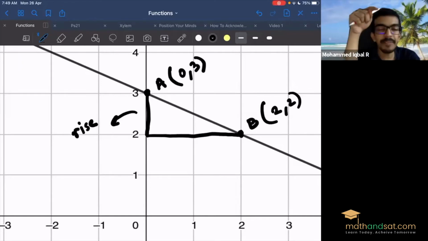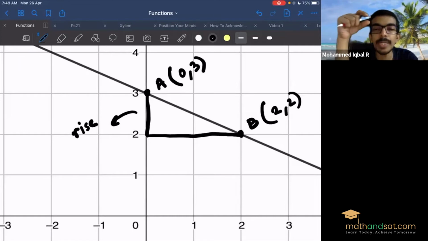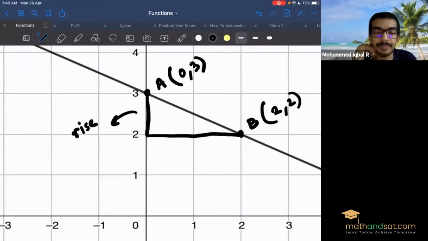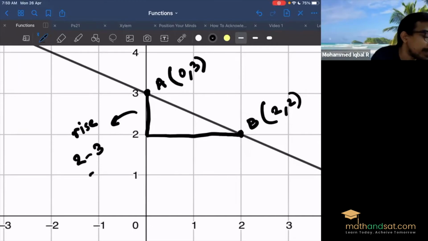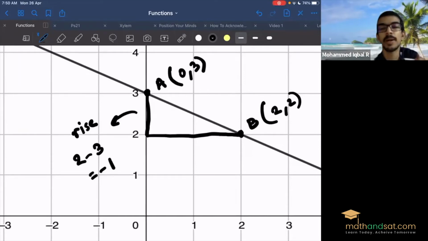Of course, the y coordinate decreases, so the vertical change is negative. You can also see this from the change in y coordinates. The final y coordinate is 2. The initial y coordinate is 3. So rise is -1.